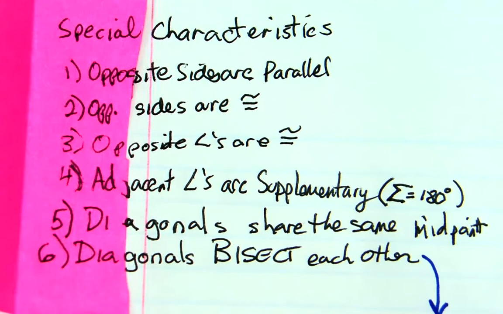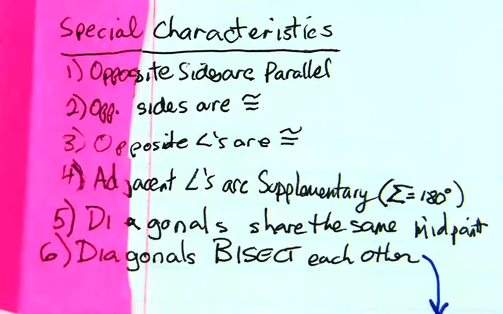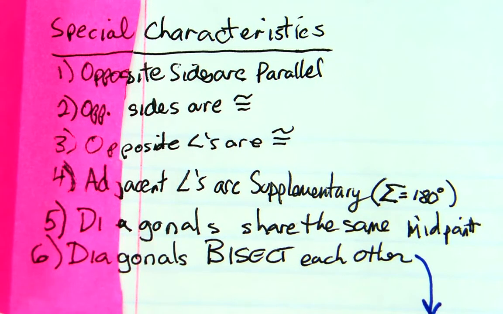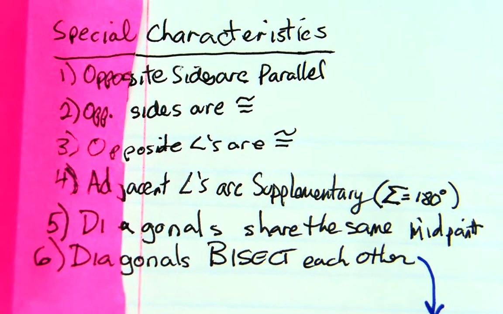Alright, so those are the characteristics. Now put special characteristics there. I'm not going to do that for any other one. I did that for the first one just so we know that that's what we're doing. And I'm giving you all this information so we can go back and start, and I know you did this on Friday. I wanted you to look up stuff and figure out all the different characteristics.